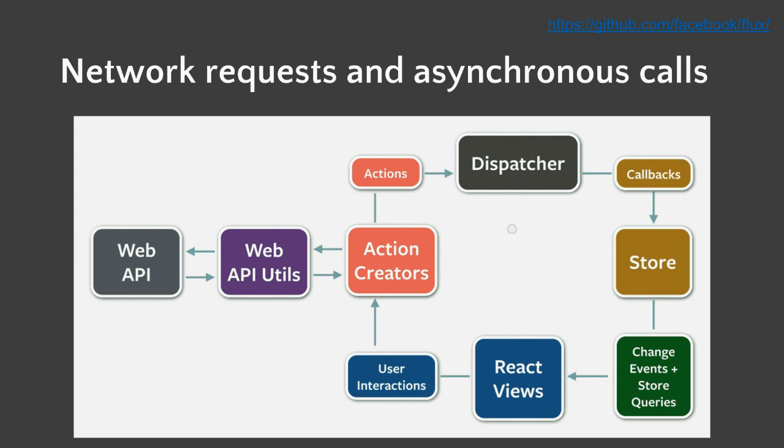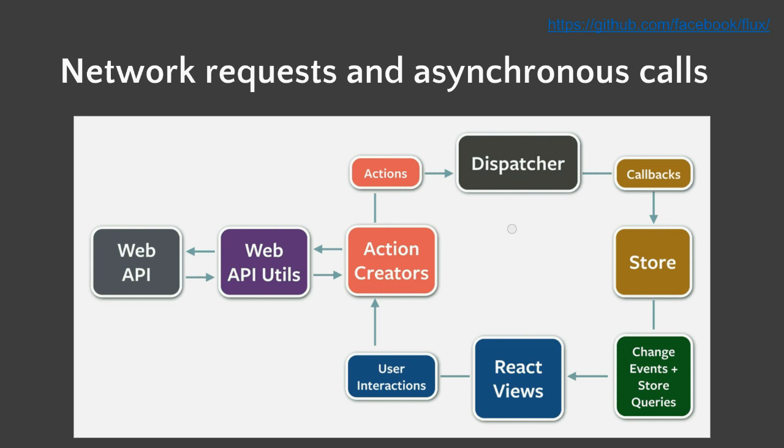The action calls a particular method of the action creators. The action creator uses a network adapter or a proxy or whatever you want. In this diagram it is called web API utils, to make a web request to the web API.